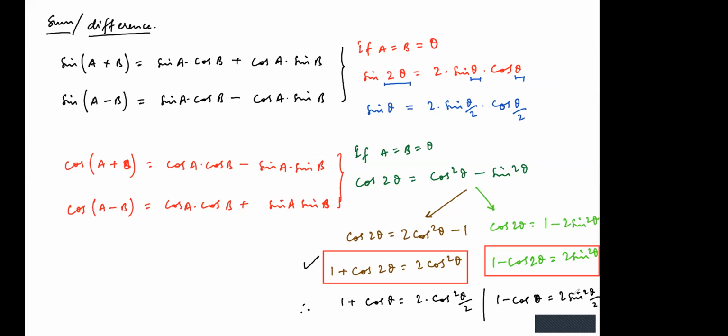Find one last relation of this particular trigonometric term. We have a triangle containing 3, 4, and 5 as its sides. Let's say this is 3, 4, and 5.